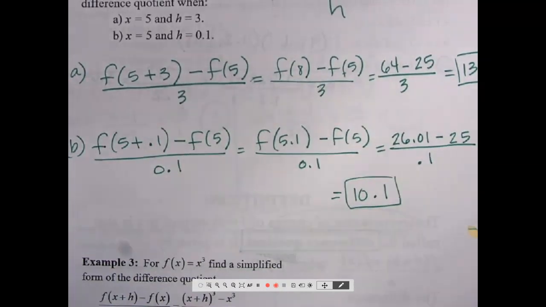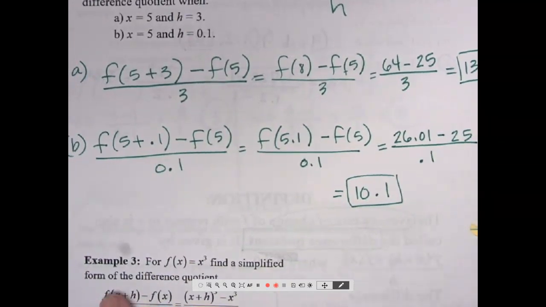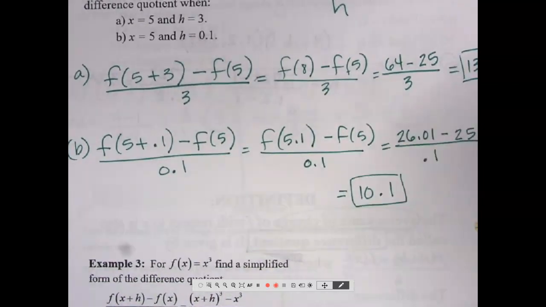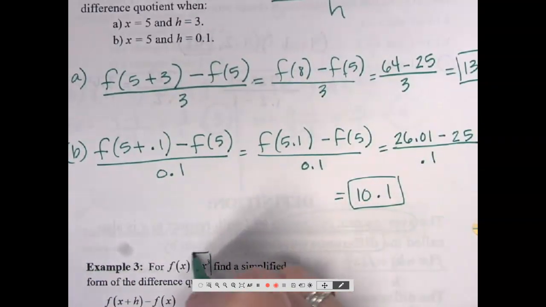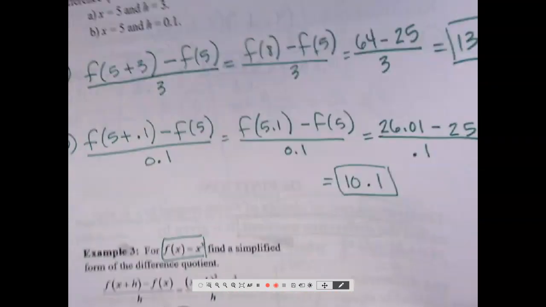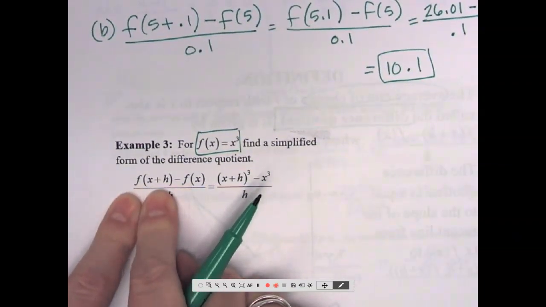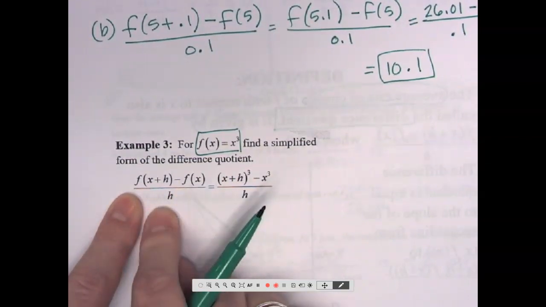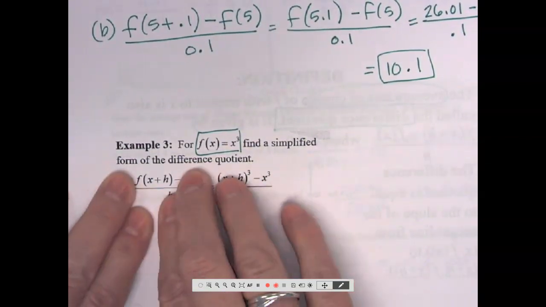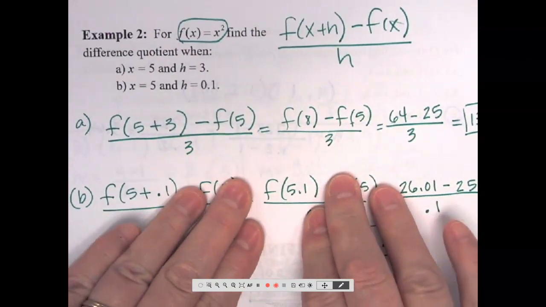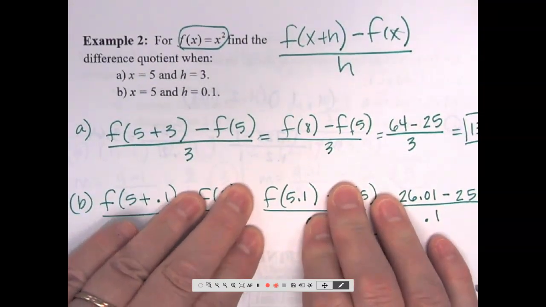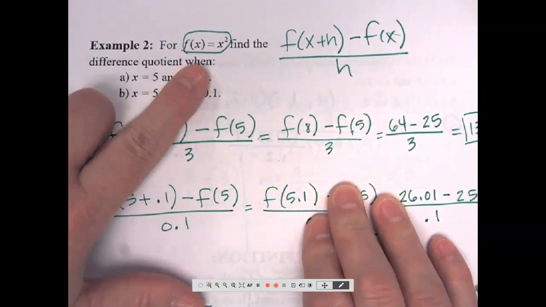Okay, so this next one is a little more complicated because we're not subbing in any numbers. We're just finding this difference quotient for f of x equals x cubed. So no numbers being plugged in. We're going to leave it f of x plus h minus f of x over h. When I said find f of 5.1, I took 5.1 and plugged it in the function.